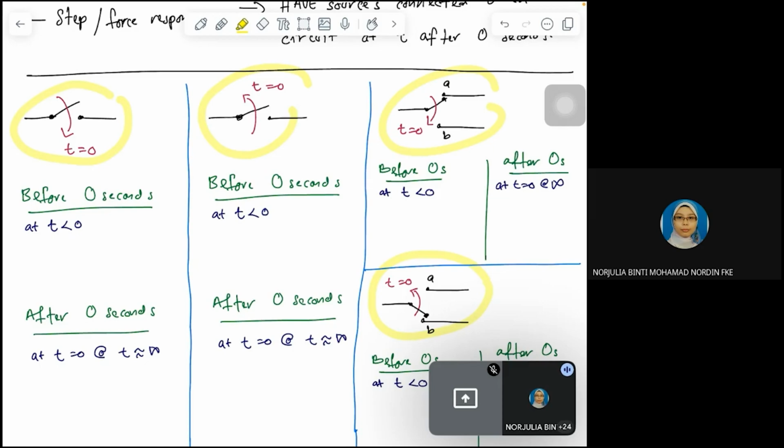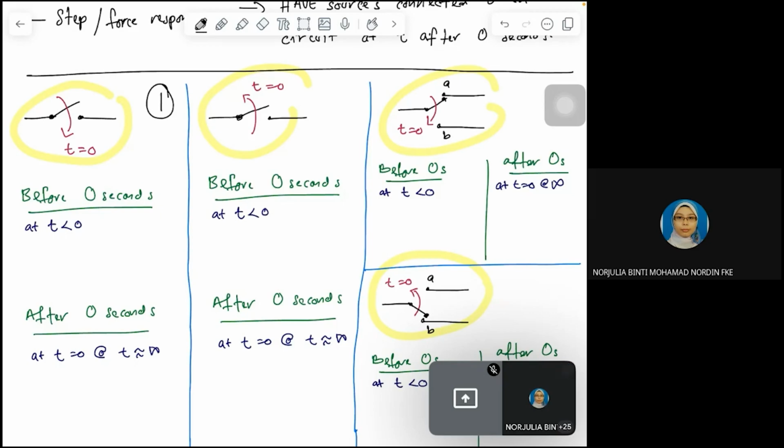When you look at the first switch, as you can see, the red arrow is going down and is labeled t equal to zero. For that switch, the definition is that before zero, the switch is open.